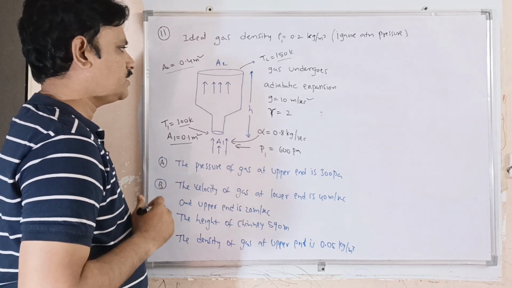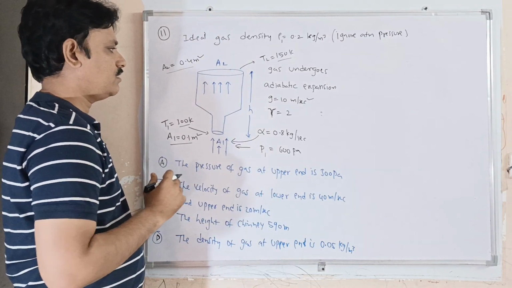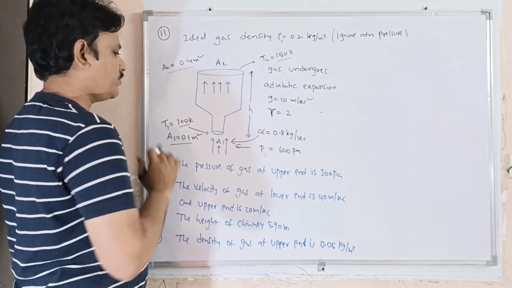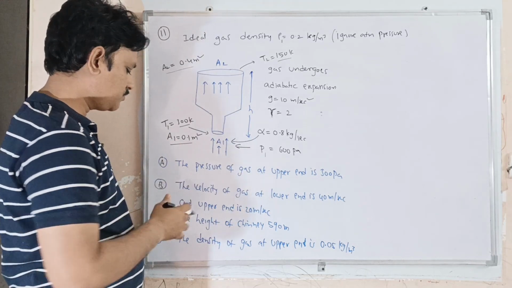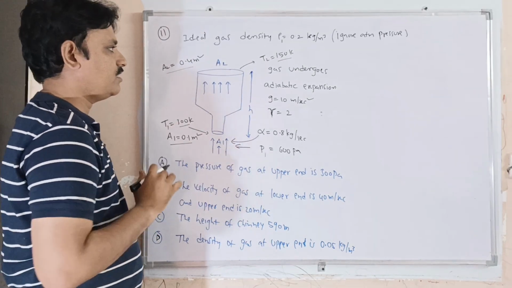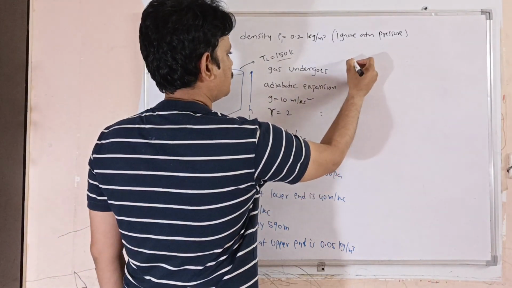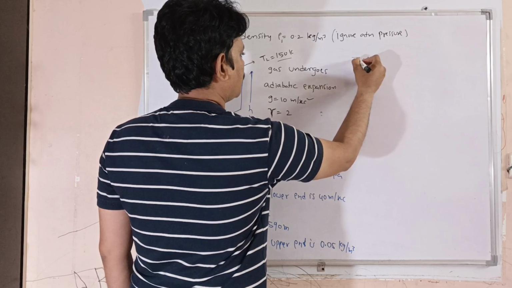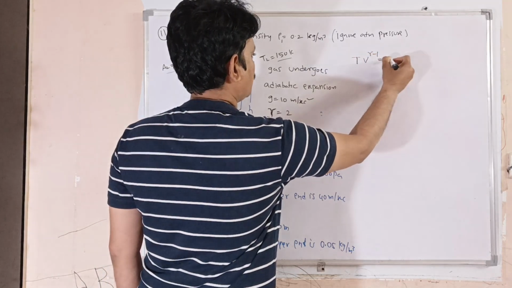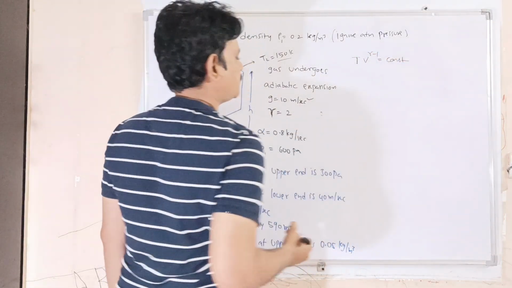Okay. So students, let us relate the temperature and density initially, because we calculate the density at the upper end initially. Temperature and density: we know this is an adiabatic process, so we know T V power gamma minus 1 is equal to constant, that is the adiabatic equation.